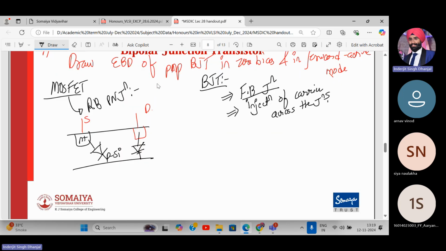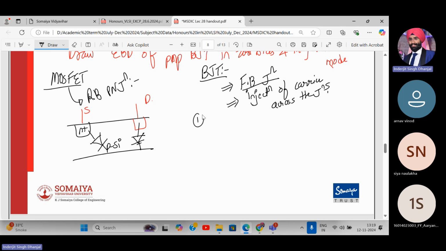There are following consequences. BJT will have a higher gm than MOSFET. These are important points.